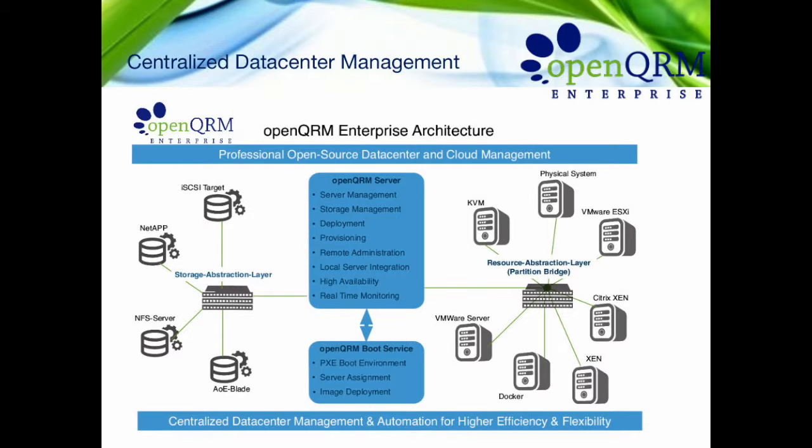There's also another abstraction, which is the deployment, which means how your system is actually going to be installed automatically, or image-based deployed, or if it's a virtual machine where we need to provision the image. There are several different types supported in openQRM.